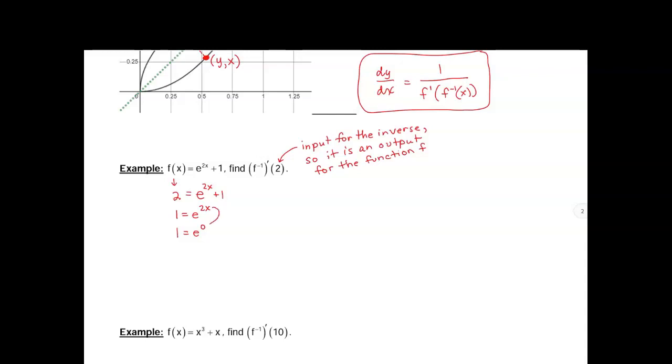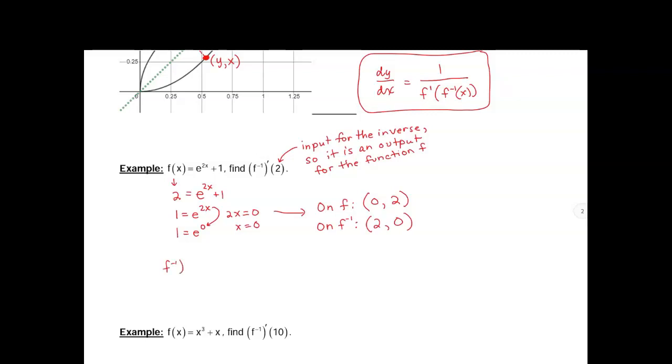So 2x must be equal to 0, which means x is equal to 0. So now we have on f, the input is 0 when we gave it the output of 2. That means on the inverse, the input of 2 gives us an output of 0.